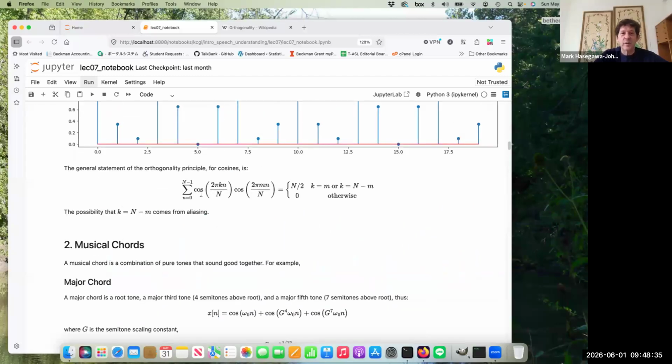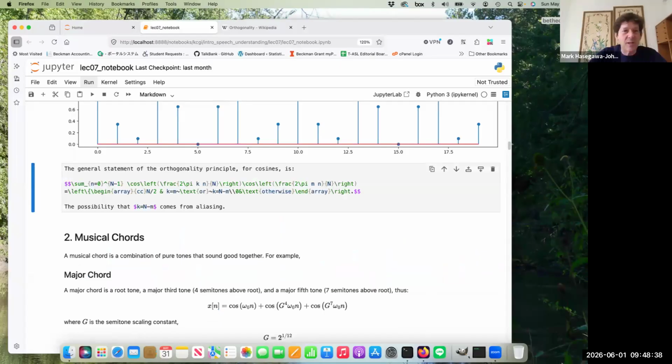Instead of the first note here, we're going to plug in an x of n. So let me just repeat this.